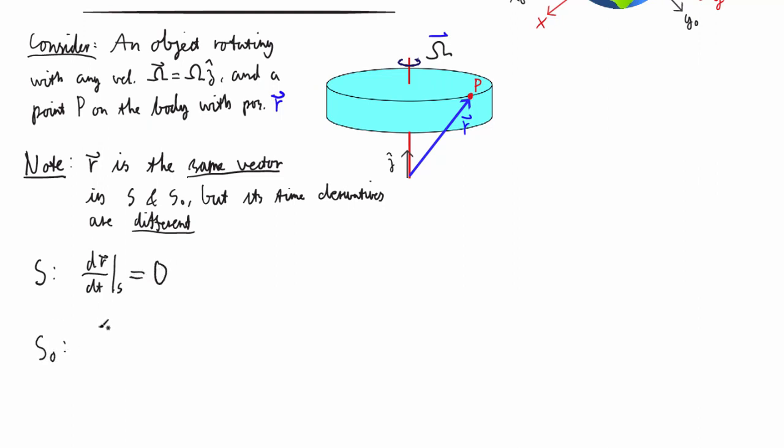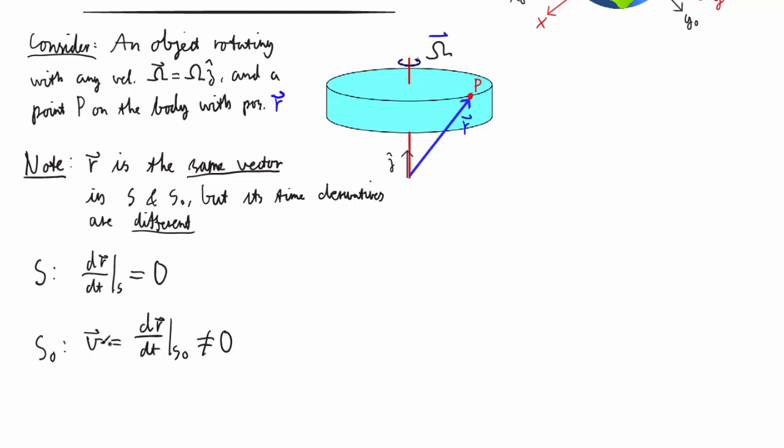If we look in the S naught frame, we have some velocity here, dr/dt in S naught, and that's not 0, right? Because now r is going to be rotating around the z-axis. So even though r as a vector is the same, the time derivatives are going to be different.